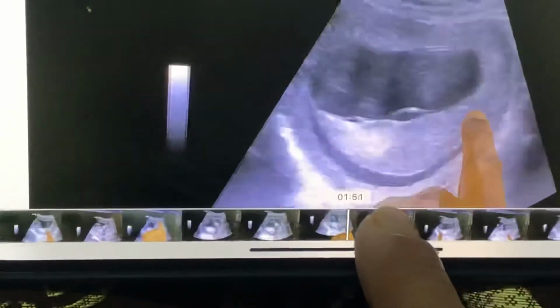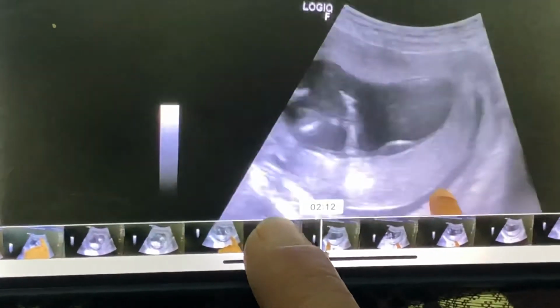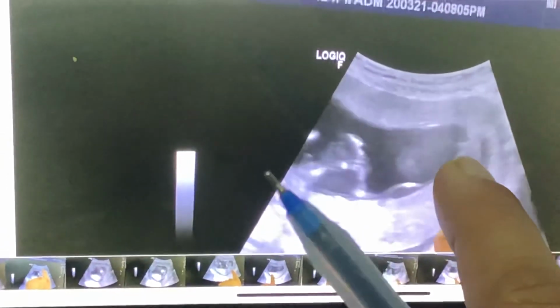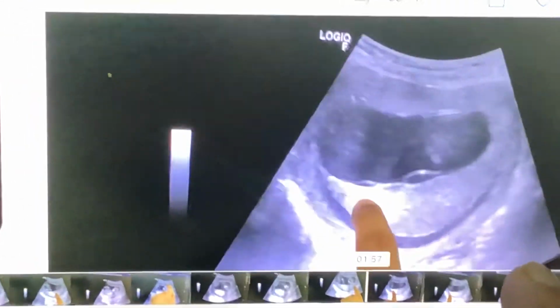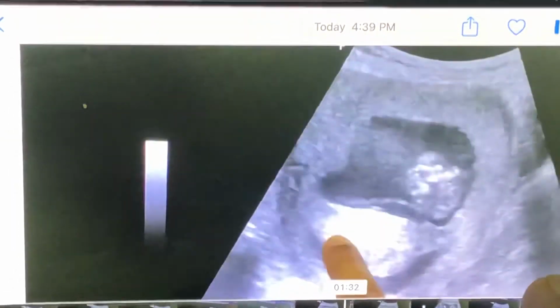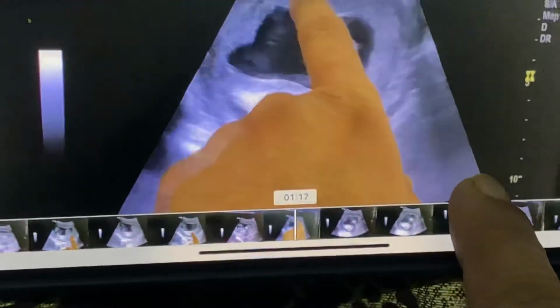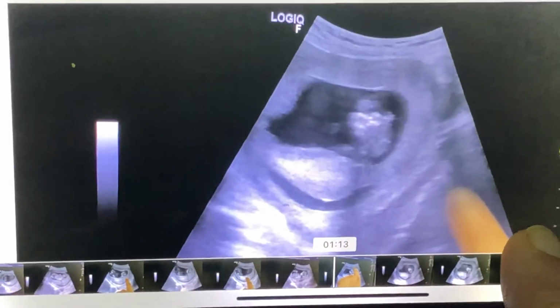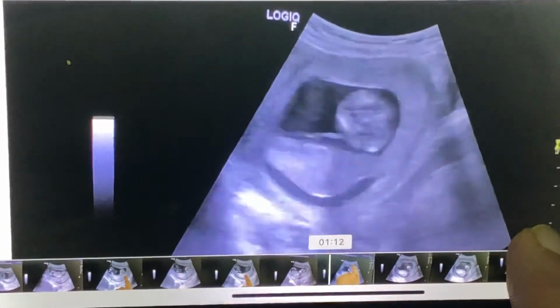It is having good prognosis because the placenta which is present over here is not separated. This placenta, it is not separated.